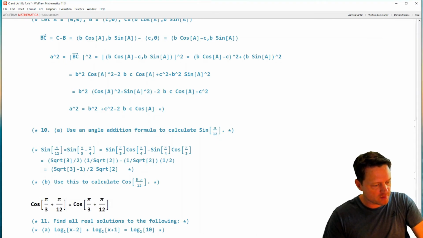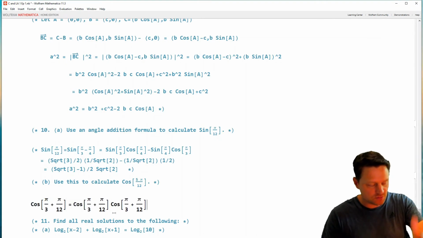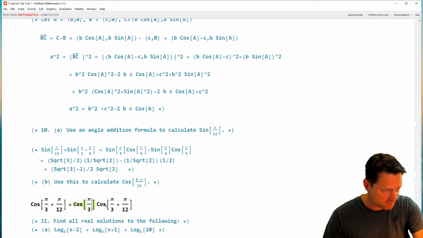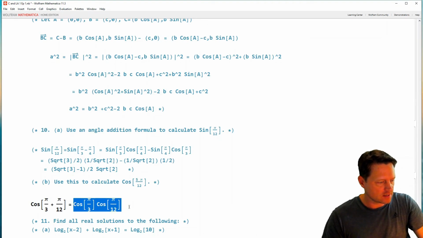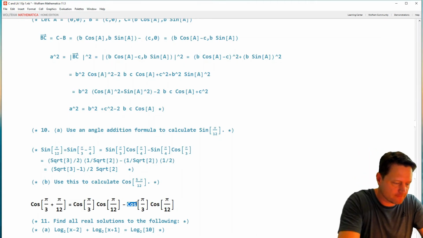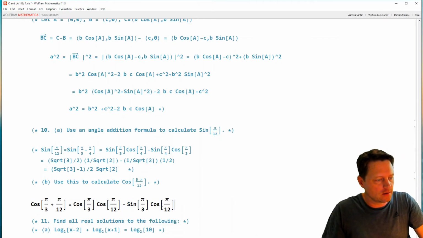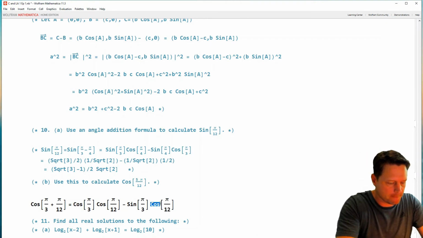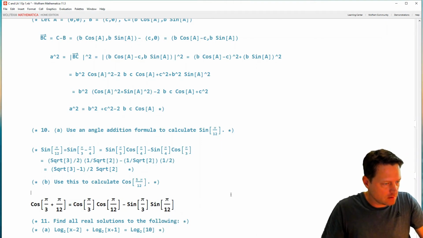Hopefully we remember this. It's the product of the two cosines and then a difference of the two sines. So I'll take a minus there, and I'll replace the cosine with the sine. Likewise there. Okay, great, and then we want to simplify this.